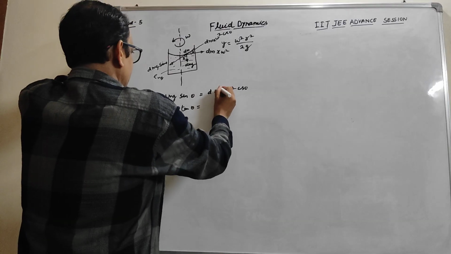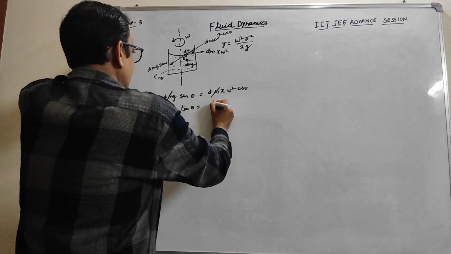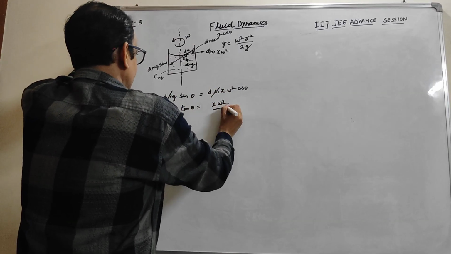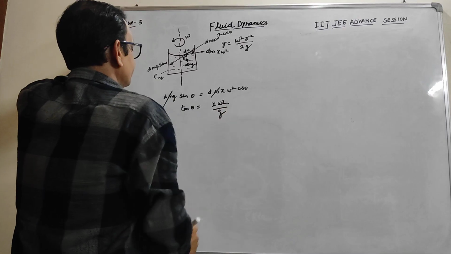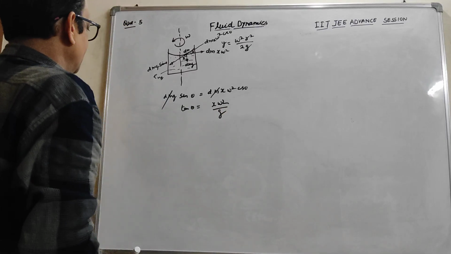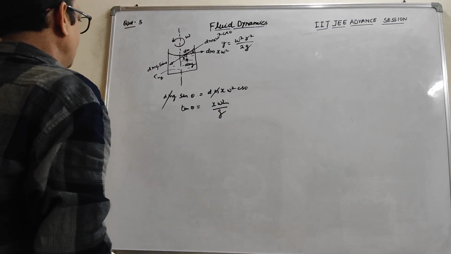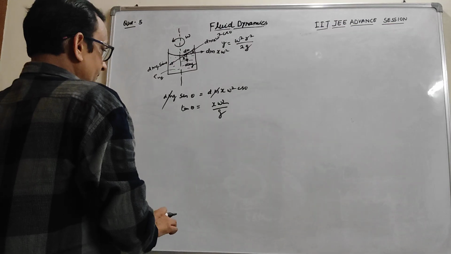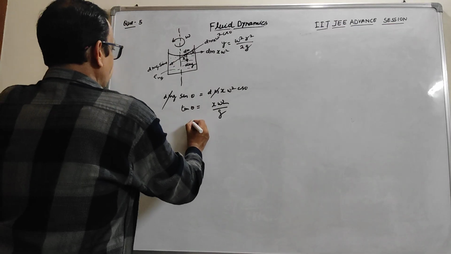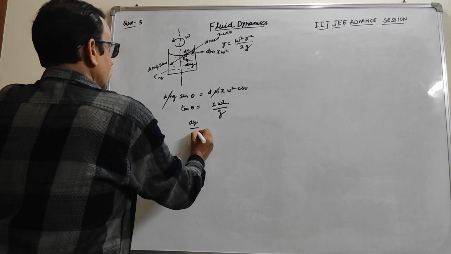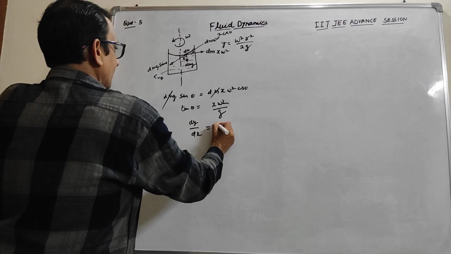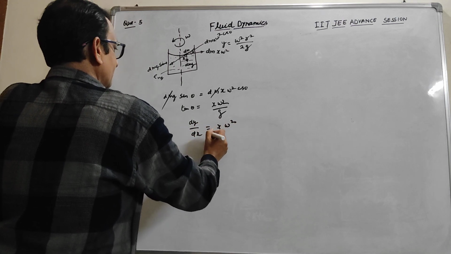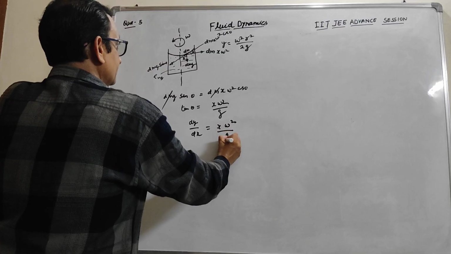Tan theta becomes, dm cancels out, x omega square over g. This is dy over dx, equal to x omega square over g.